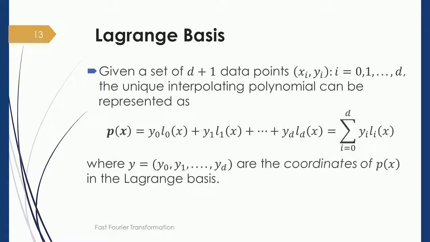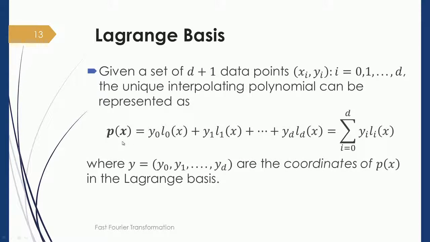Now, recall that a set of d plus 1 points x sub i, y sub i uniquely represent a polynomial, because the unique interpolating polynomial theorem says that there is at most one polynomial that interpolates these d plus 1 points. That polynomial can be represented as follows.